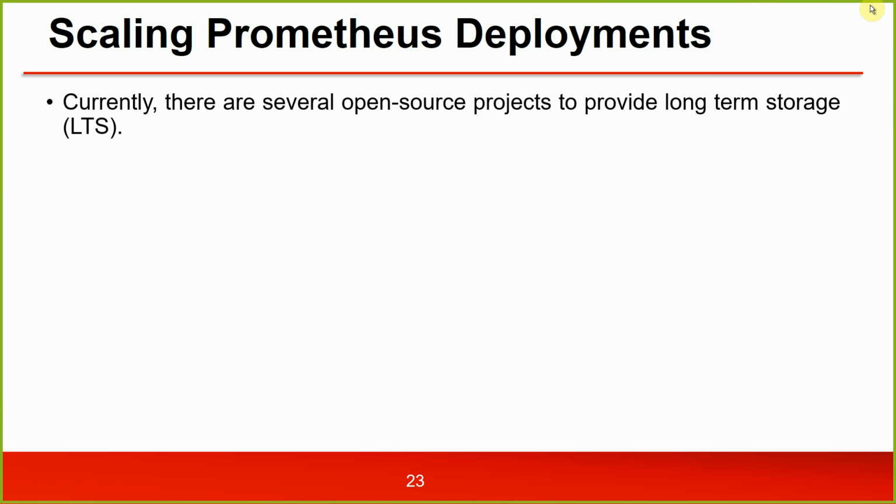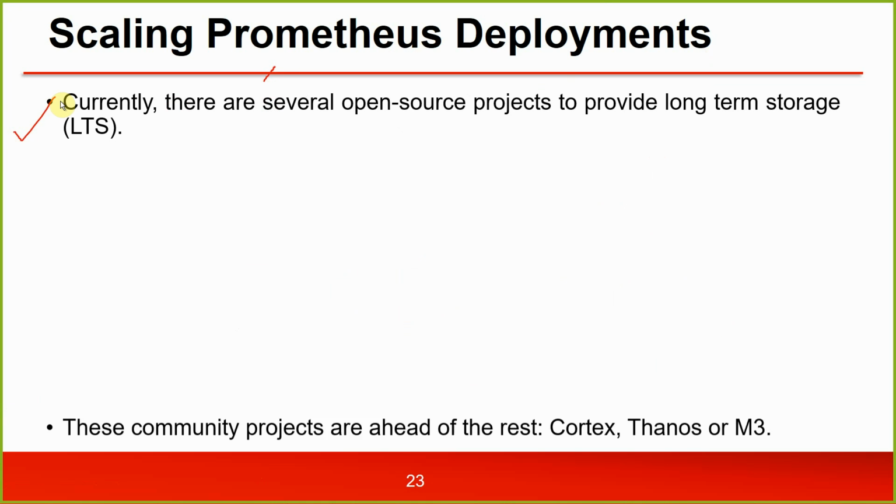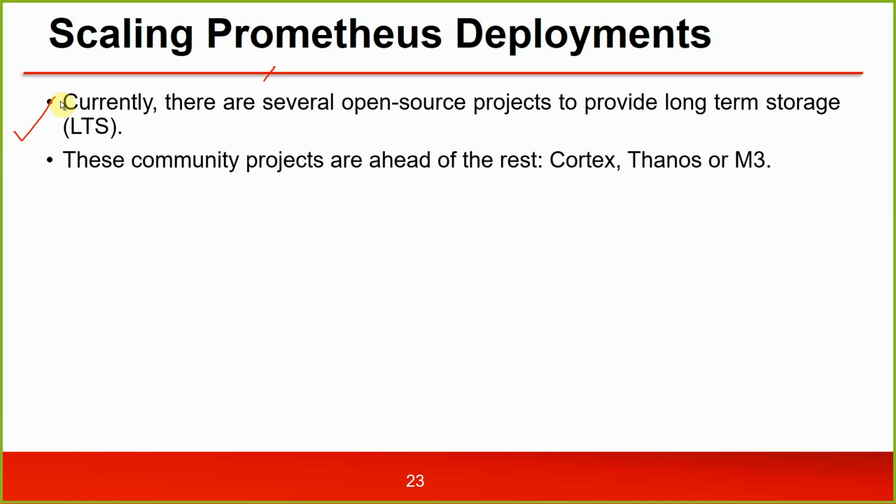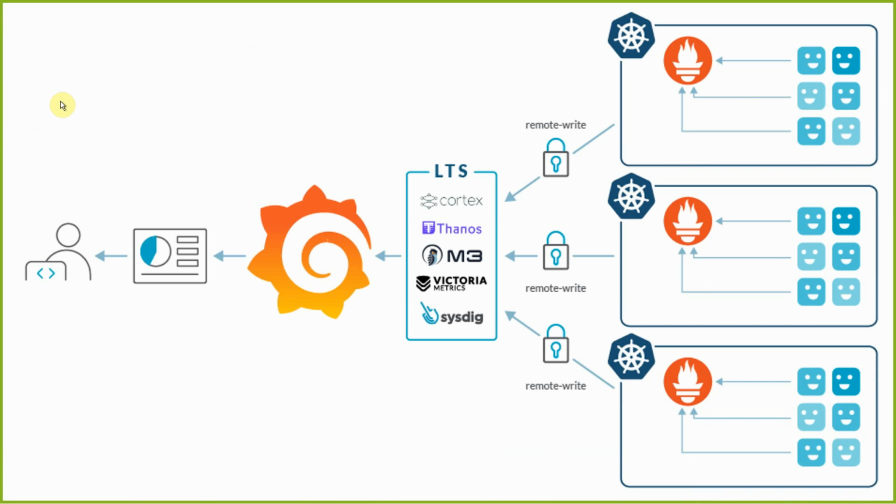Currently, there are several open source projects to provide long-term storage, LTS. These community projects are Cortex, Thanos, and M3. And these are the long-term storage options for Prometheus: Cortex, Thanos, M3, Victoria, and Sysdig.